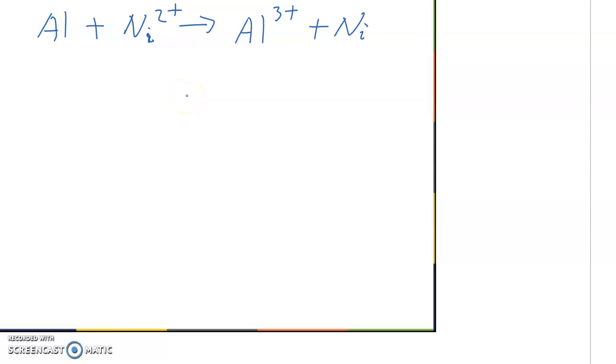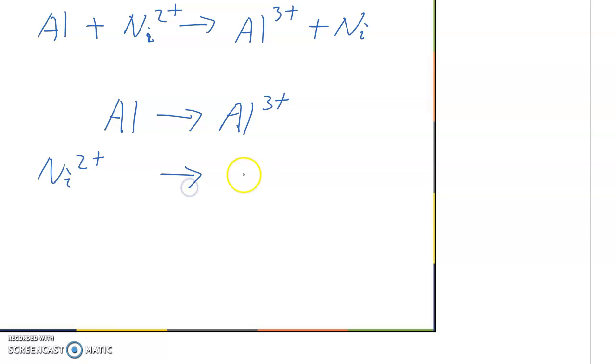Okay, so let's go over all the previous steps. The first step is to write it into 2 half reactions. So I have aluminum will become aluminum 3+, and nickel, Ni2+, will become Ni, just Ni.